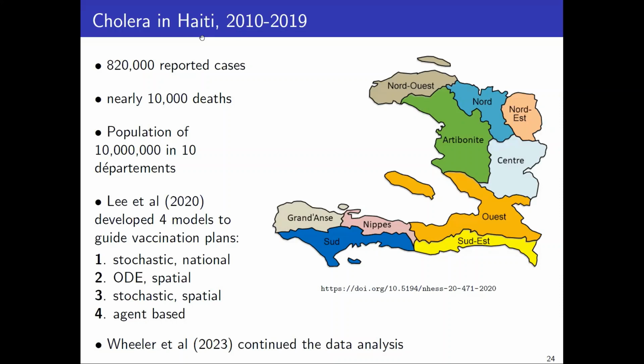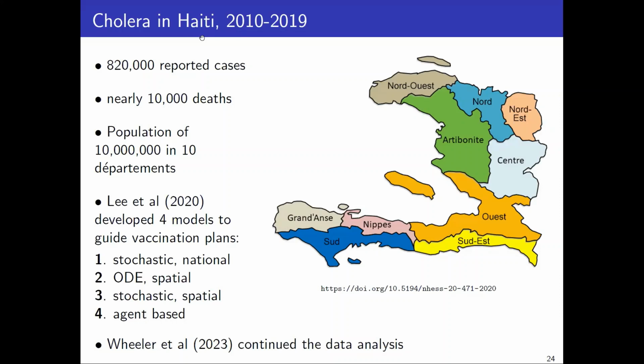What they did was get 4 really good epidemiological modeling groups to analyze this question using 4 different but state-of-the-art methods, and they were going to guide vaccination plans.